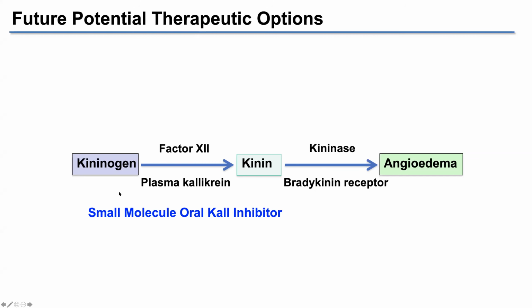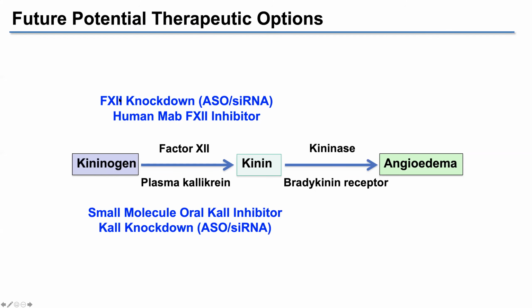And so if you give it to the person who's going to respond, it may be a very good treatment. There's a factor 12 monoclonal that's in clinical trials. It's finishing phase 2, will be going into phase 3. That looks very promising.